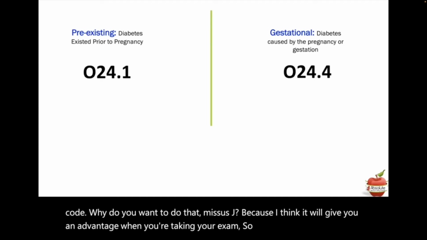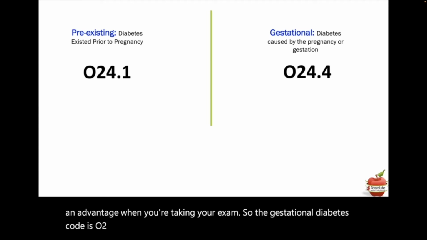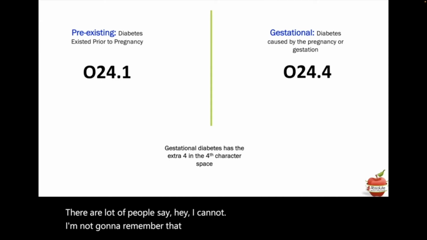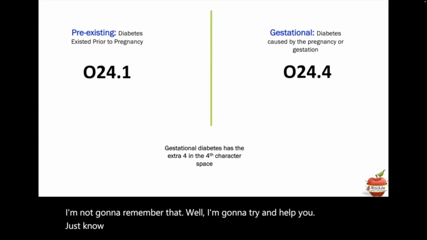So, the gestational diabetes code is O24.4. Now, a lot of people say, hey, I'm not going to remember that. Well, I'm going to try and help you. Just know that pre-existing diabetes is point 1, gestational is point 4.